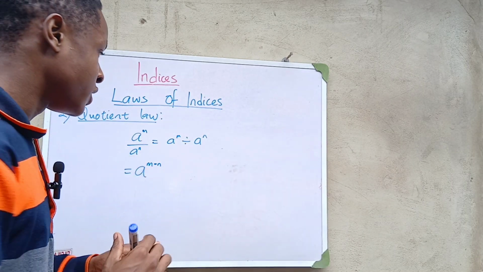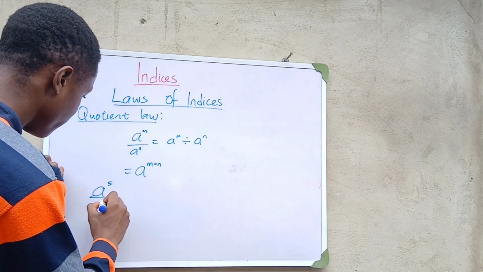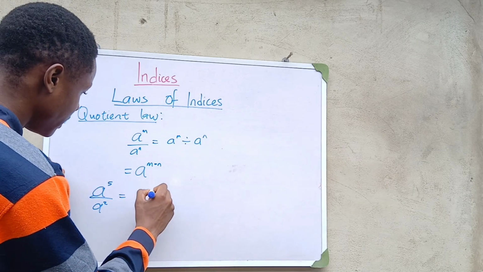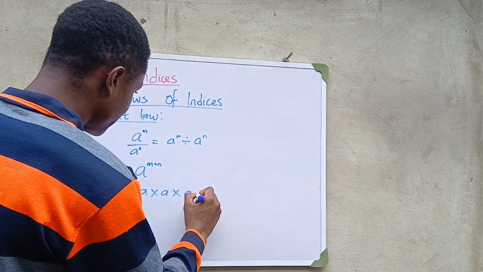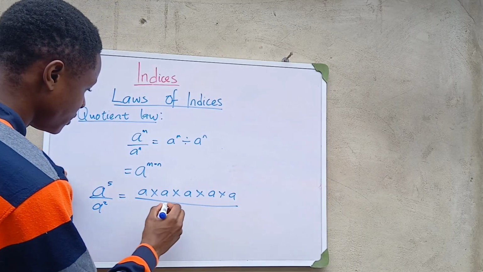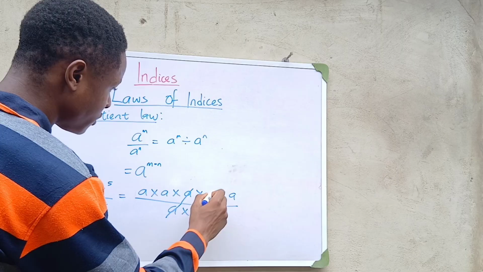So let me prove quotient law for you. Okay, let's say we have a raised to power 5 over a raised to power 2. Now a raised to power 5 is the same as a times a times a times a times a over a raised to power 2, which is the same as a times a. So this is going to cancel this, this is going to cancel this.